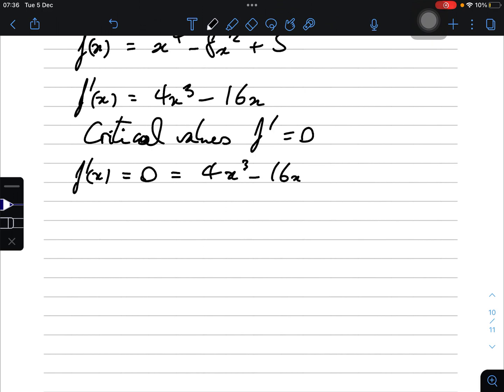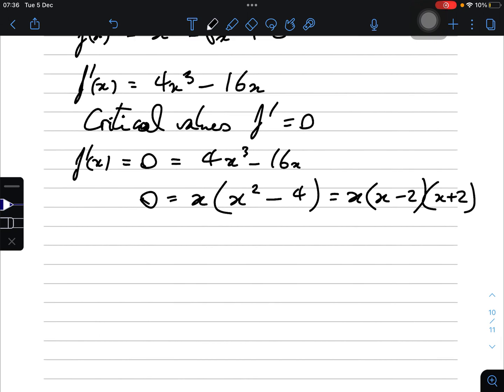4x cubed minus 16x, take x outside, get rid of the 4. What we're left with is 0 equals x outside of x squared minus 4. Well, that's x minus 2, x plus 2. So our critical values are going to be x equals 0, minus 2, 2.